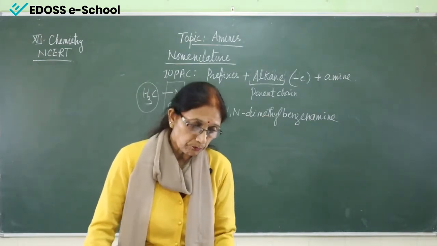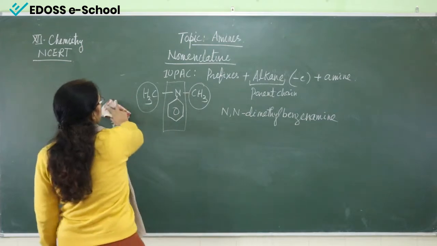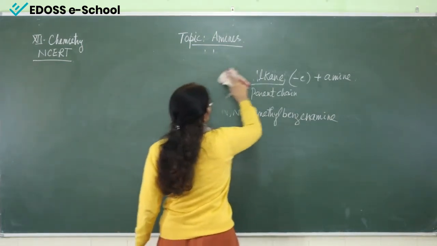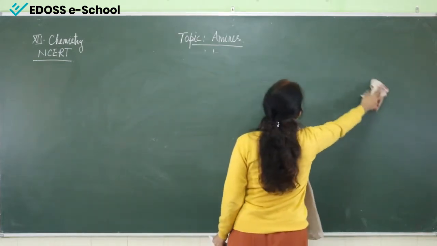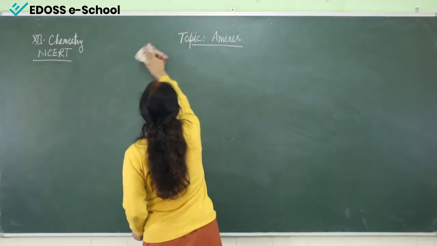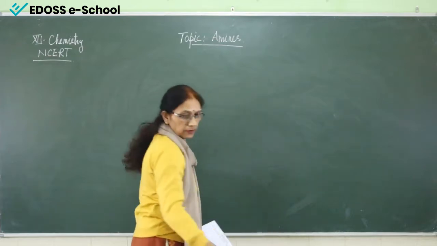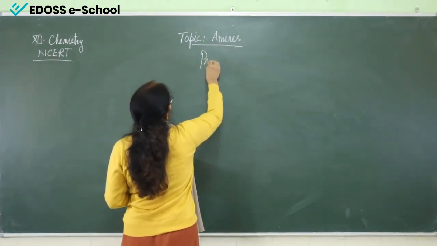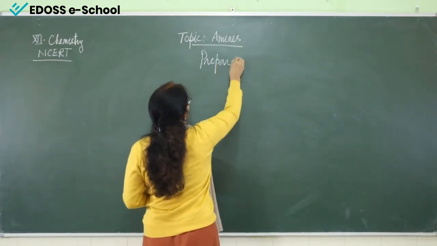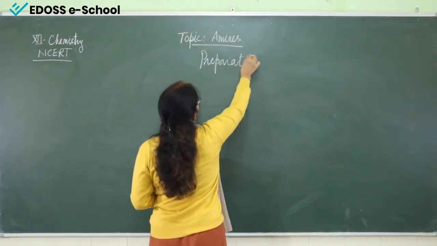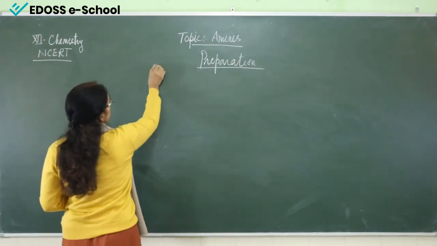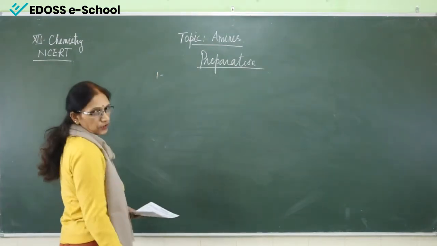Now we are coming to preparation. How can we prepare amines? There are different methods of preparation of amines. So coming one by one. First method is the reduction method.